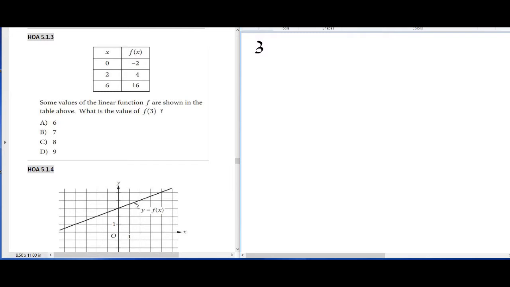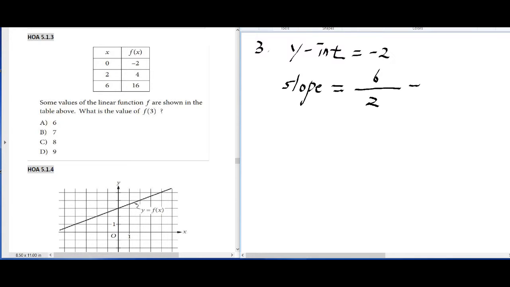What is the y-intercept? When x equals 0, y equals -2, so the y-intercept is -2. Now find the slope. You can check the increase in y: from -2 to 4 is an increase of 6, while x increased by 2.